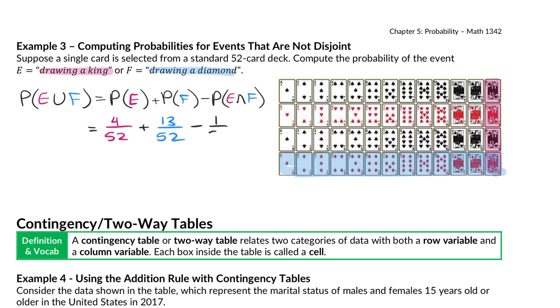There's one card that is both a diamond and a king. 4 plus 13 is 17, minus 1. This is 16 over 52, which reduces to 4 over 13. So we have a 4 over 13 chance of somebody handing us a card and it's either a diamond or a king.